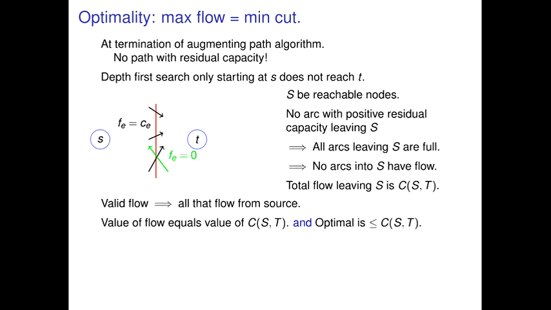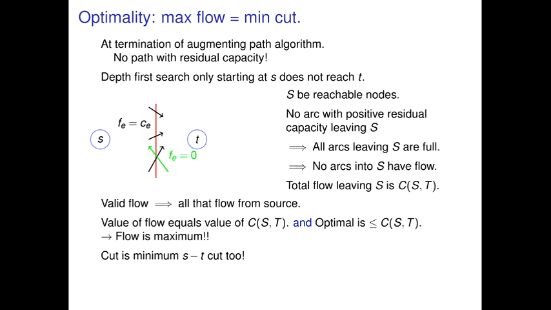Okay? And we know that the optimal is less than or equal to the size of any cut. So now I found a flow whose value is equal to the capacity of this cut, and I know for every cut, the optimal is at most this much. Okay? So that means the flow is maximum. Now why is this a minimum S-T cut?